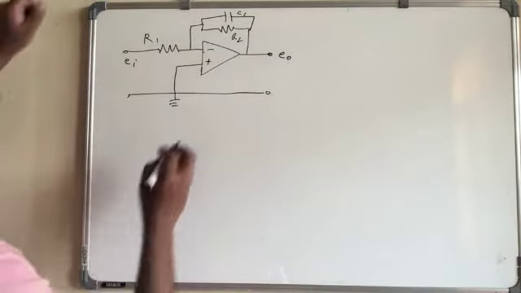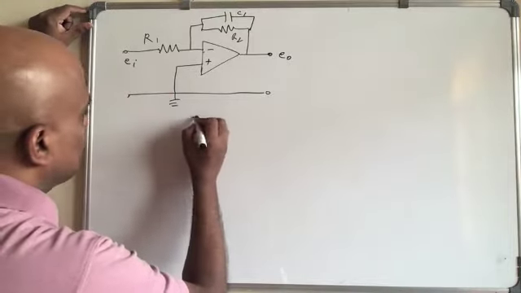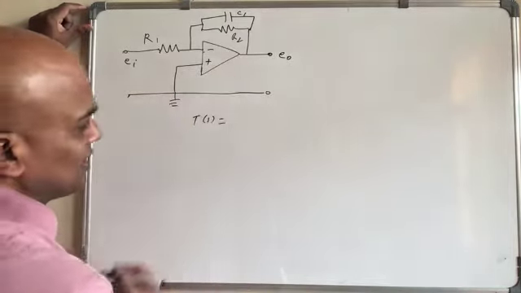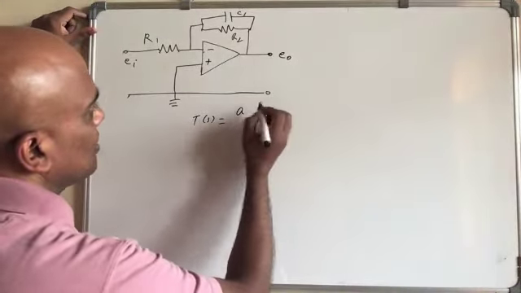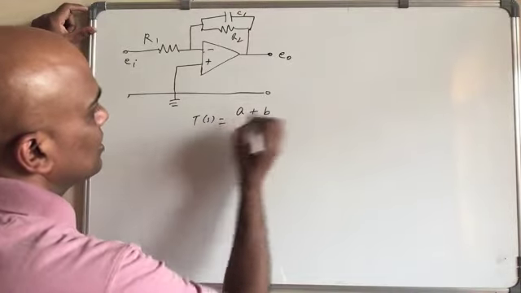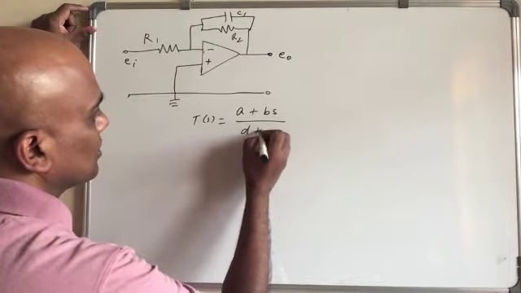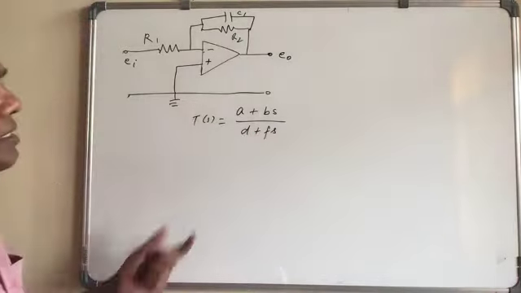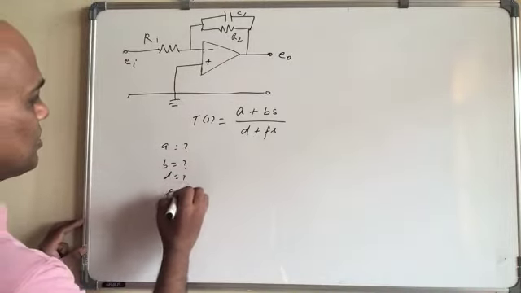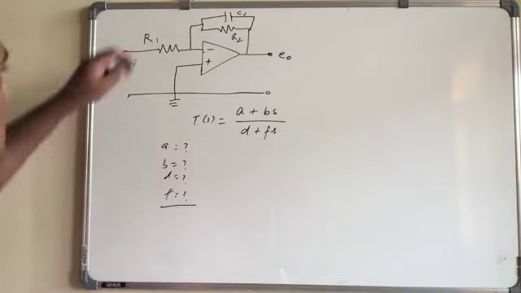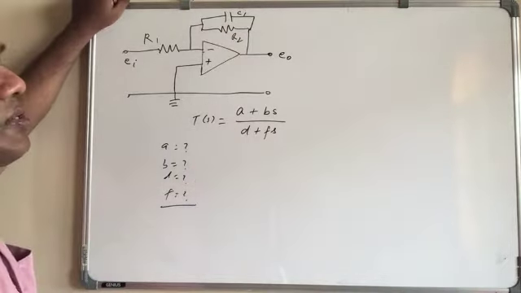I may ask for the transfer function, which I can write as (A plus Bs) divided by (D plus Fs), and I ask what A equals, B equals, D equals, F equals. If this is the question, how will you find it?